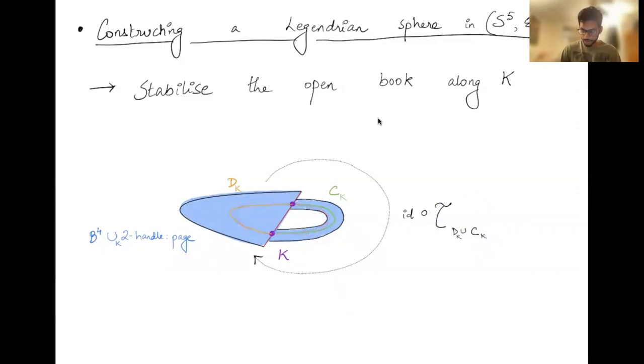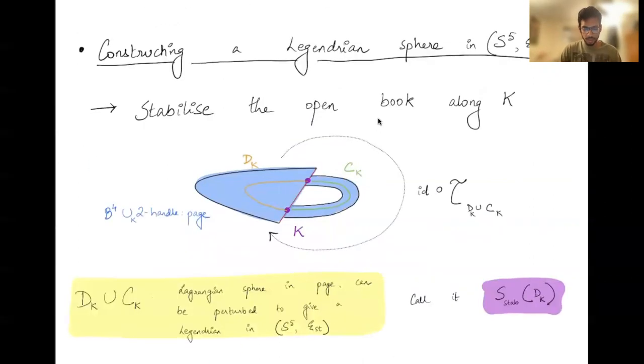Okay, so now that gives you a Lagrangian sphere that lives in the book of the open book. And what you can do is you can perturb this Lagrangian sphere, which means you can sort of push it up, down in some way. And that can be perturbed to give you a Legendrian in the standard contact sphere. So we'll call that the stabilization sphere of dk, or S stab dk.